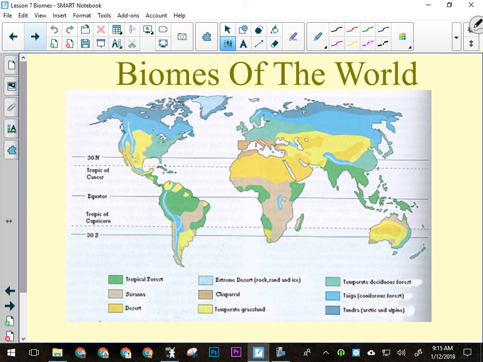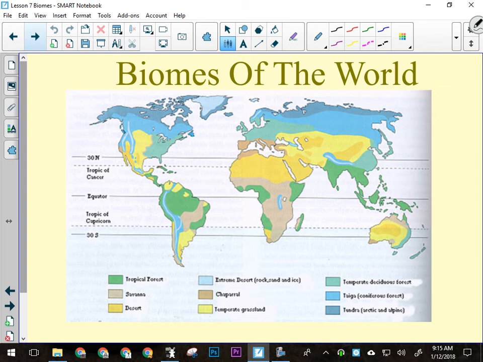Most of Southeast Asia is also tropical rainforest, like the very southern parts of China, Laos, Vietnam. And then all of the South Pacific areas, like Papua New Guinea, are all tropical rainforests. Questions so far?